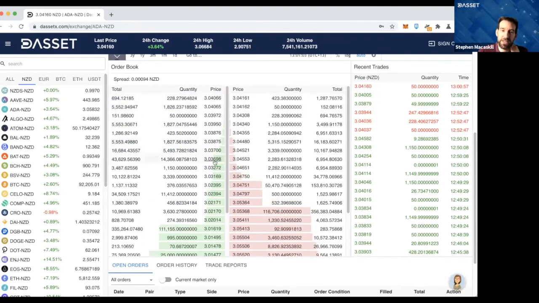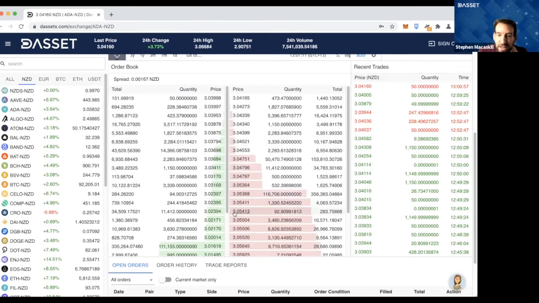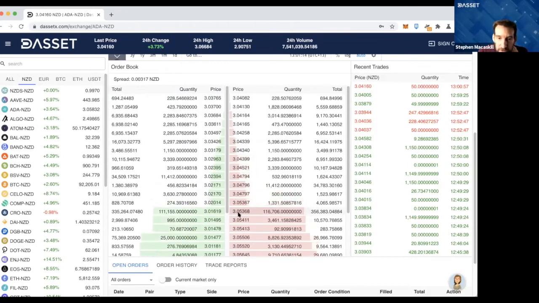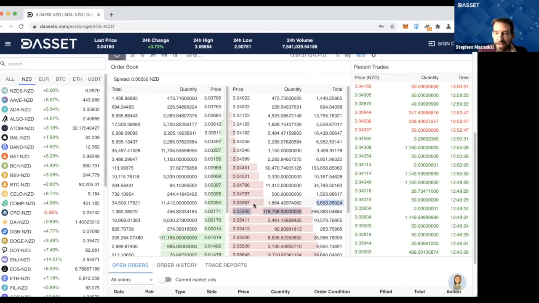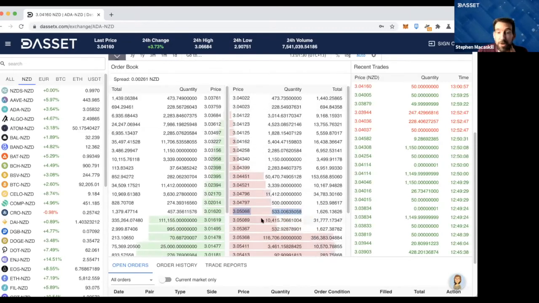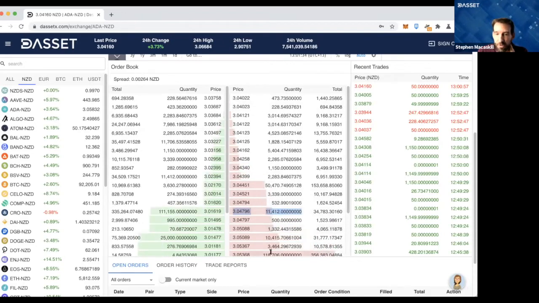You can see at this price, $3.05 and a bit, there's quite a large amount of ADA that people are selling. So, 100,000 ADA at this price. If you want to buy $100,000 worth of ADA from a market order, it's pretty solid around this price.